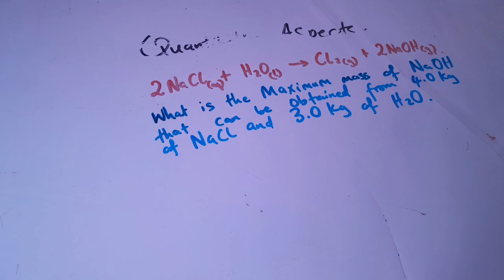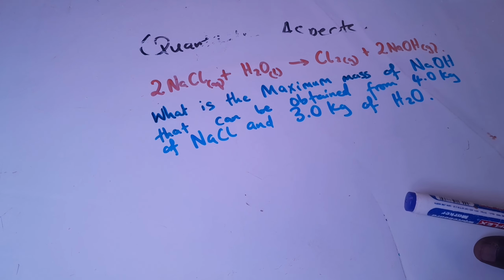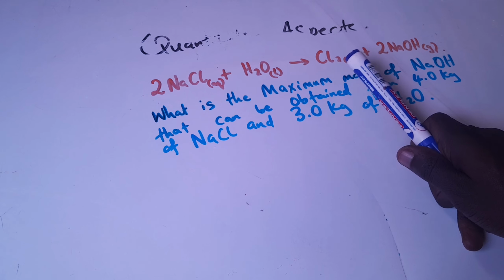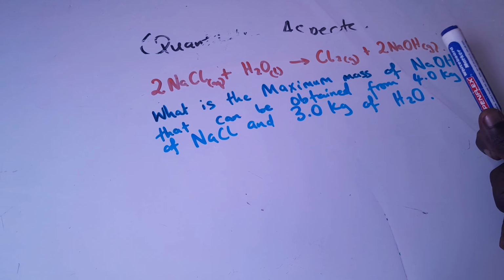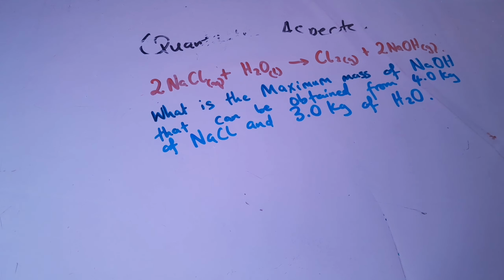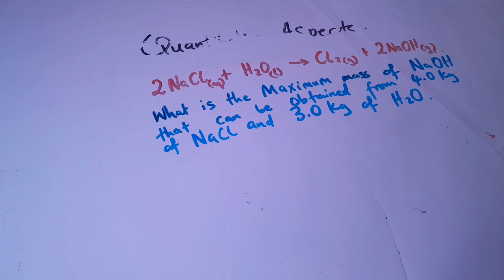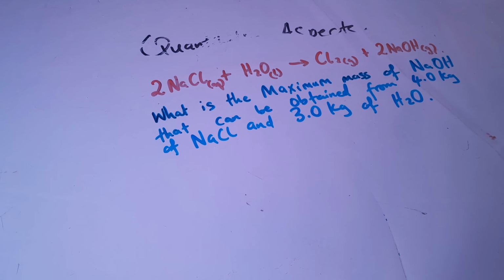Okay, so let's see now. We're having sodium chloride reacting with water, giving us chlorine plus sodium hydroxide. So we're getting sodium hydroxide. They're asking what is the maximum mass of sodium hydroxide that can be obtained from 4 kgs of sodium chloride and 3 kgs of water.